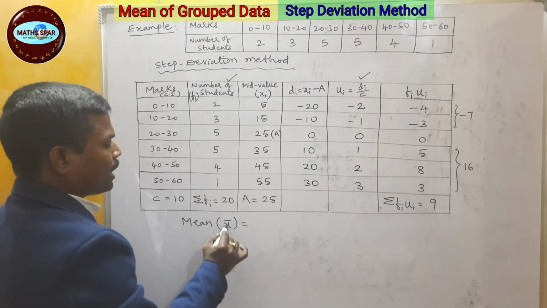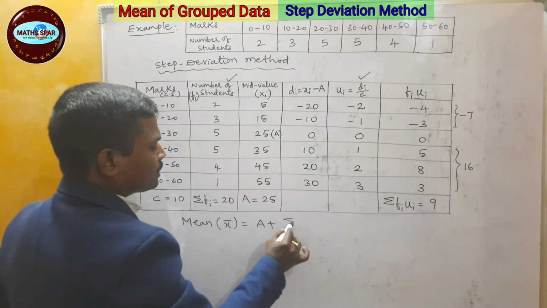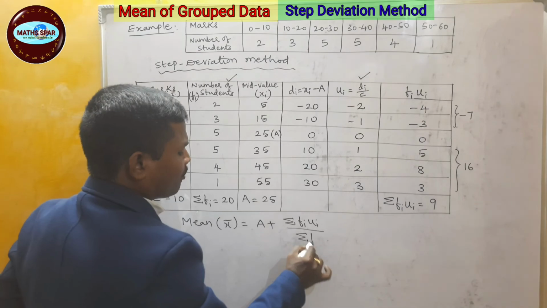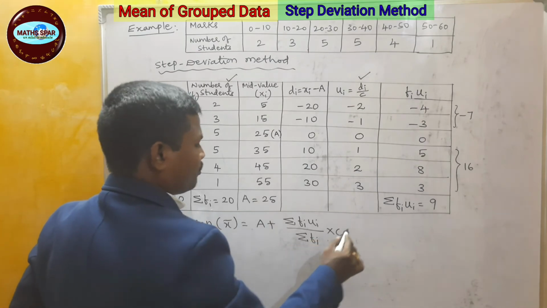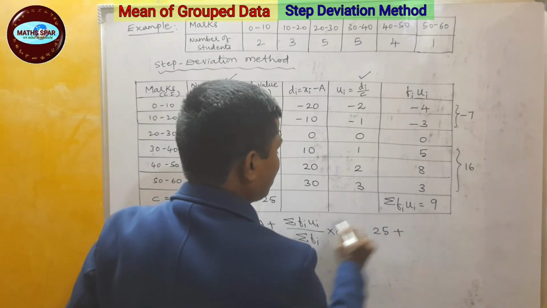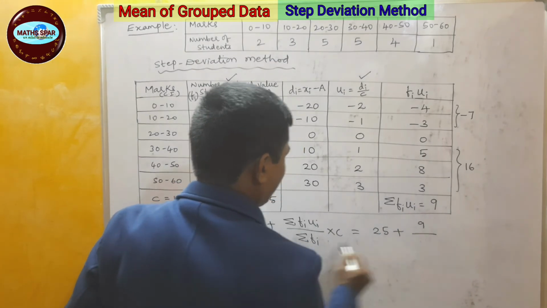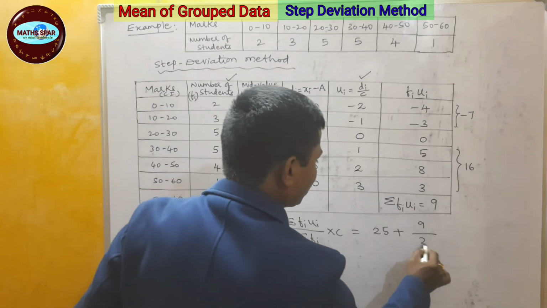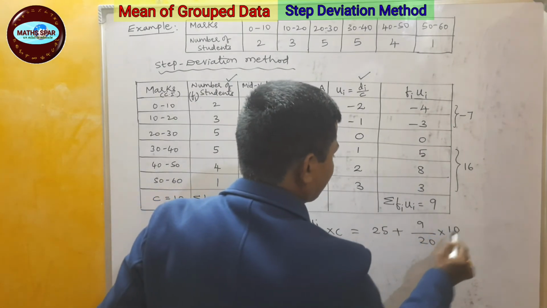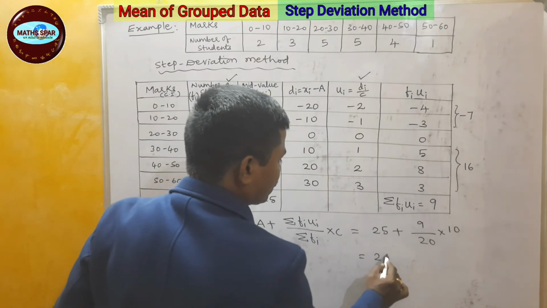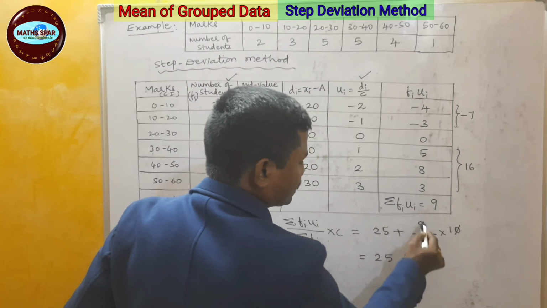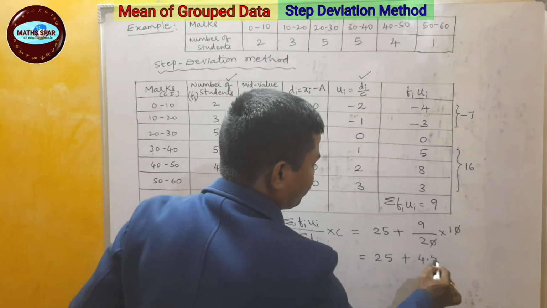Then by the step deviation method, the mean can be found by a plus sigma fi ui by sigma fi into c, which is 25 plus sigma fi ui, 9, by sigma fi, 20, into c, 10. Here the 0s get cancelled. 25 plus 9 by 2 is 4.5.